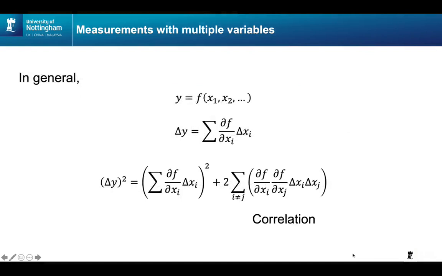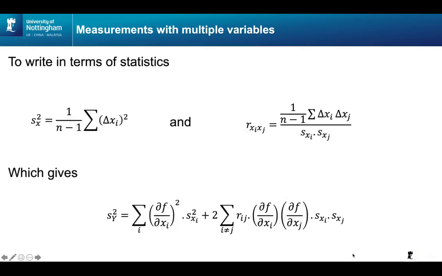So in general, if we've got a function which is y equals f of x1, x2, where x1 and x2 are the multiple variables, then we know that delta y equals the sum of the partial derivatives times the error terms, and the equation for delta y squared is the squared terms added together plus this second term, which takes into account the correlation. So that's the sum of all the cross terms.